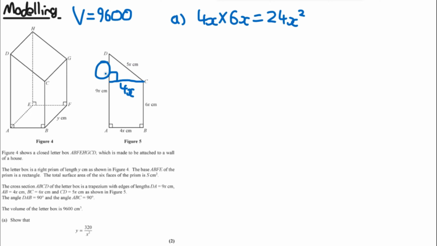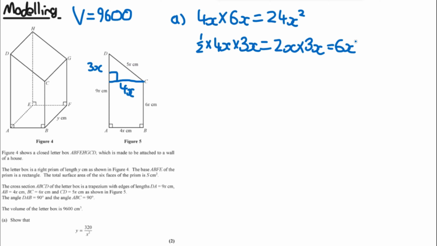And then this is the height, and we know that this is 9x and this is 6x, so this height is just going to be 3x, which is 9x minus 6x. So the area of this triangle, remember it's half base times height, so it's half times 4x times 3x, which is 2x times 3x, equal to 6x squared.